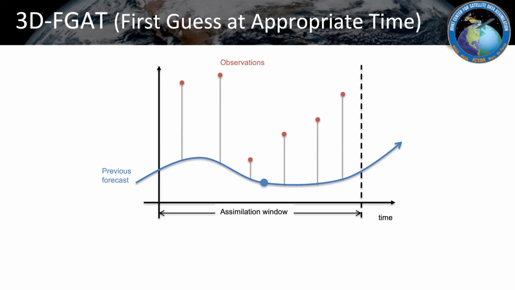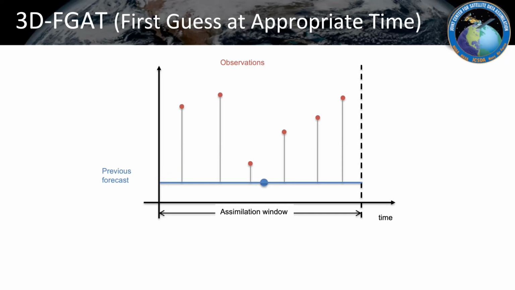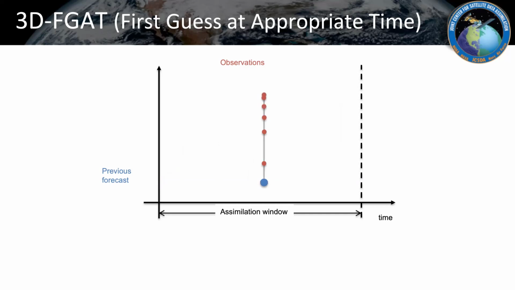Then you only consider the time at the center, and you consider that your forecast is constant over that time window, move all the differences around that, and you do your assimilation. It's still an approximation that makes the process cheaper, but the initial input, the departure, the innovations are computed correctly, taking the time into account, and it's only the optimization process that neglects the time dimension. So that is still used in some places.